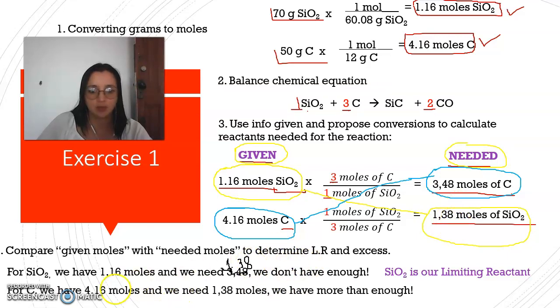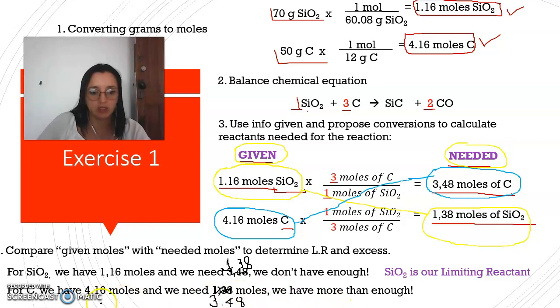And for carbon, we have 4.16, and we need, so the numbers were switched in here, we need 3.48 moles. So we have more than enough.